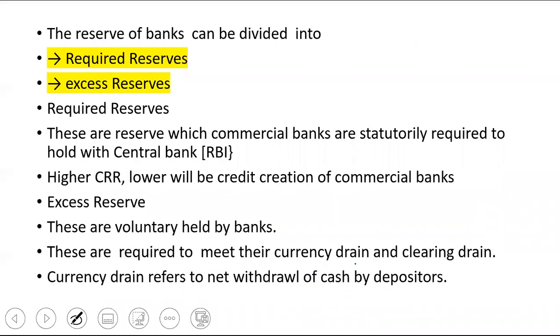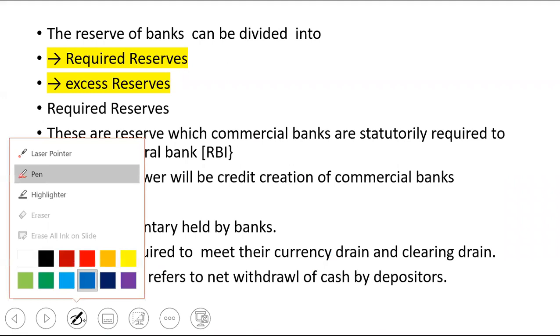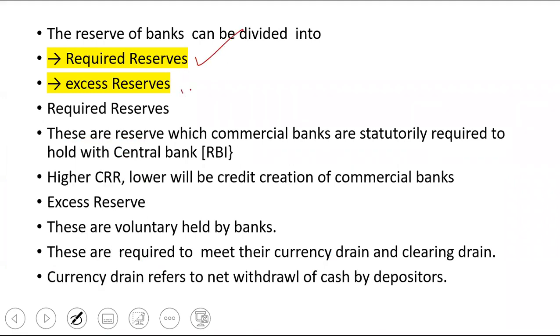Here you see, the reserve of the bank is divided into two. One is required reserve. Second is excess reserve. Okay. One is the required reserve, another one is excess reserve. So what do you mean by required reserve?